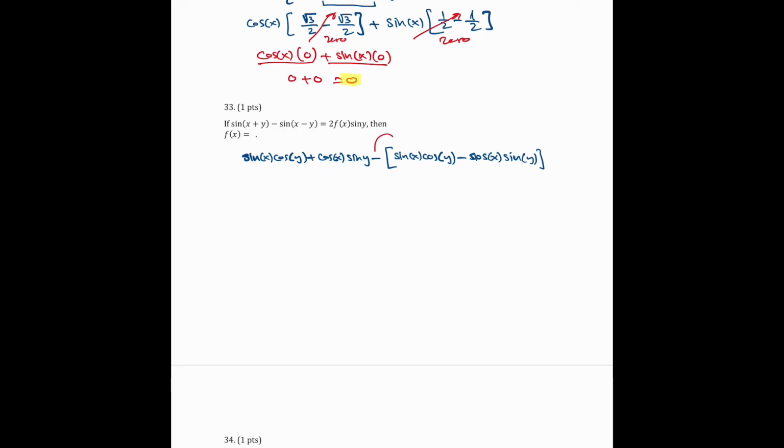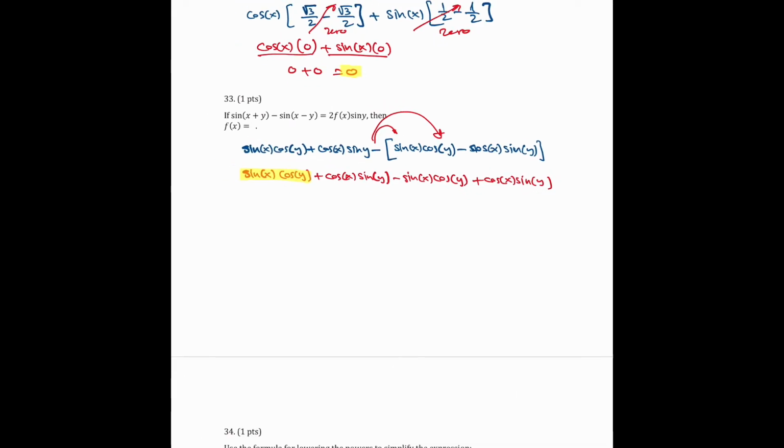Now I will distribute the negative inside. So I will have sine x cosine y plus cosine x sine y minus sine x cosine y plus cosine x sine y. Now, like terms are sine x cosine y.